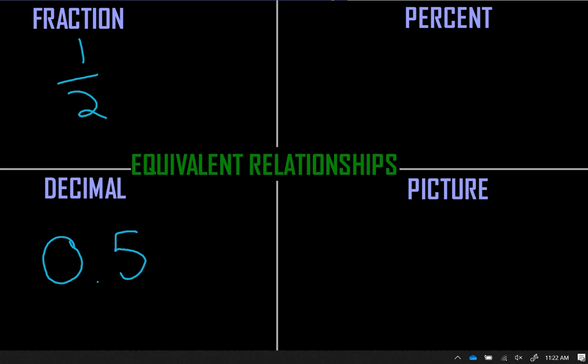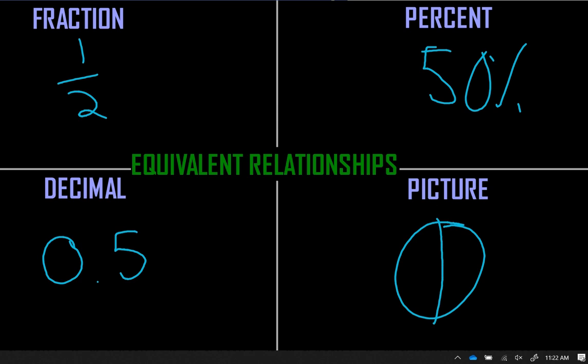I know that that is also 50%, and if I was to draw a picture for that, I could maybe do a circle, and I would fill in half of it because it is 1/2. So make sure you're seeing how these are different representations, but they are all the same thing. Again, that's just bringing home the idea of equivalent.